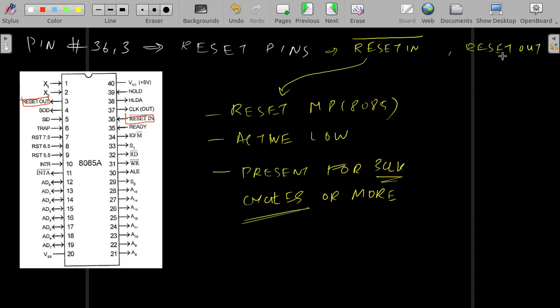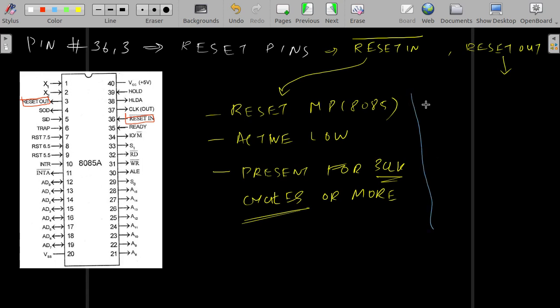Now when it comes to reset out, once the processor is reset, the peripherals also have to be reset. For that we use the reset out pin. Like we use the clock out pin from the processor to synchronize the peripheral devices, we can use the reset out pin to reset the peripheral devices when this processor is being reset.